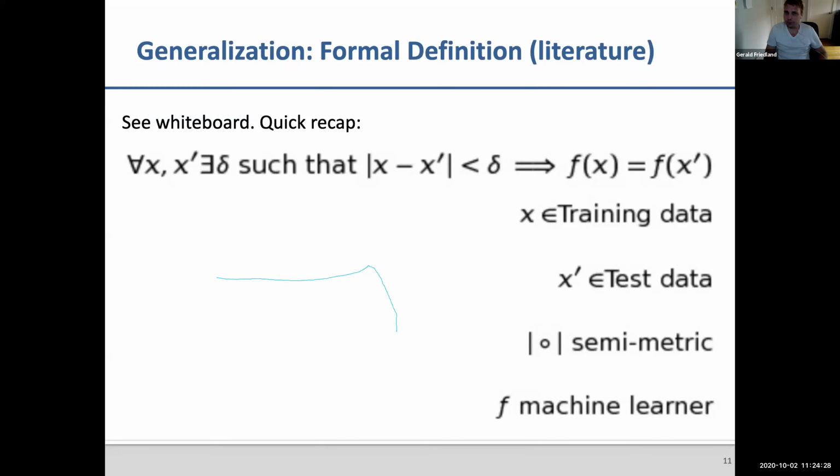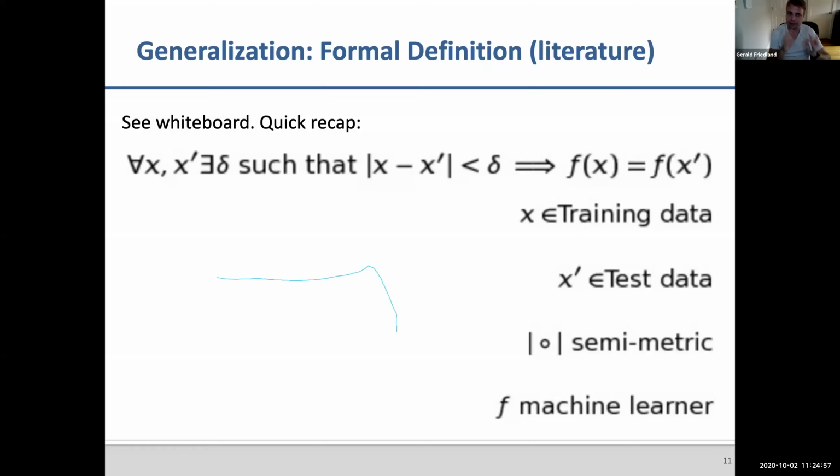Let me show that to you, first of all, based on the formal definition of generalization in the literature. The formal definition of generalization, which, by the way, I don't completely agree with, but I want to give you what the literature says. So in machine learning, what we have is a cat and a cat prime, a cat and a cat with noise.